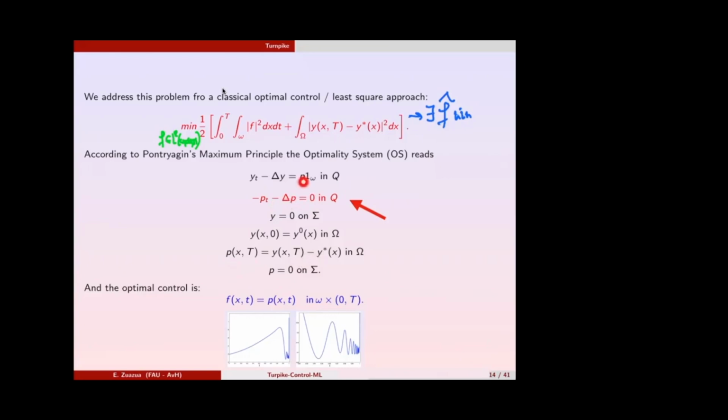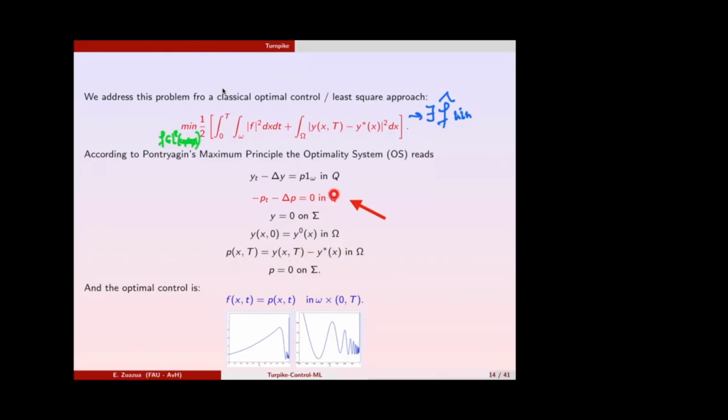You plug in the control P, you solve the Y forward in time, right? And then you adjust the value of the adjoint at the time capital T out of the residual. And the residual here is precisely the gap to the target Y star I was given.